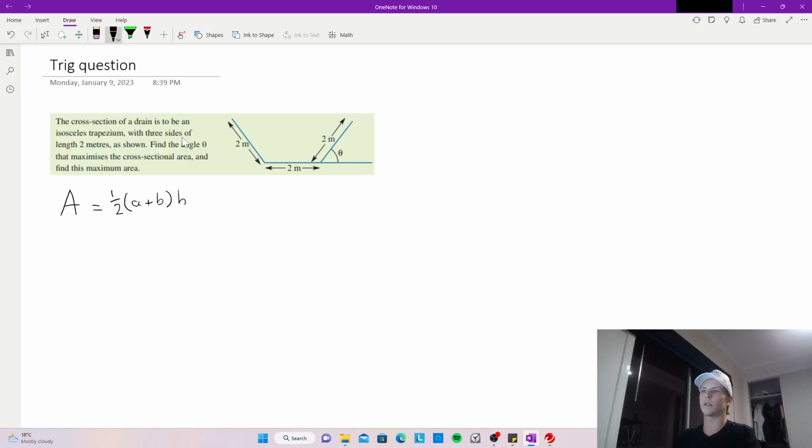So when we've got a shape like this, we pretty much want to break it down into its parts. So we've got these, where these are 90-degree angles, and then this will be parallel to the bottom. That will be relevant. We know that this value here is 2 meters.